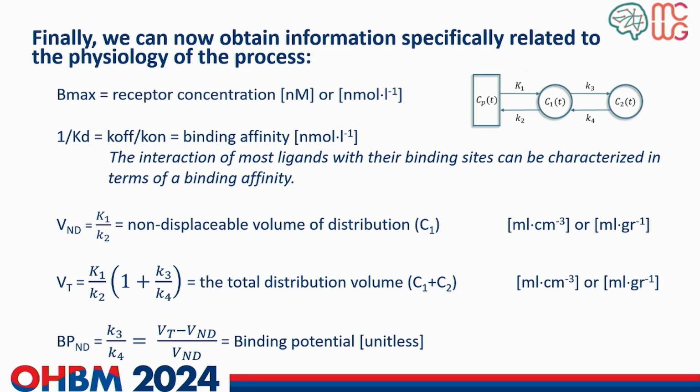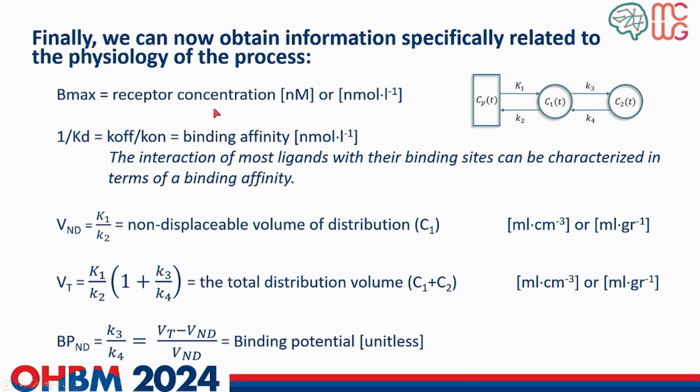Which type of information can we derive? Of course, we can estimate K1, K2, K3, K4 for each voxel, but also Bmax. This means we can translate the dynamic information into a PET map, where each voxel tells us the Bmax, the receptor concentration.